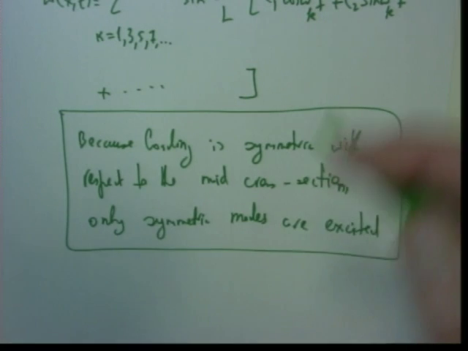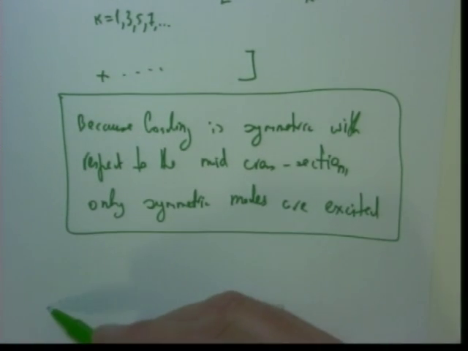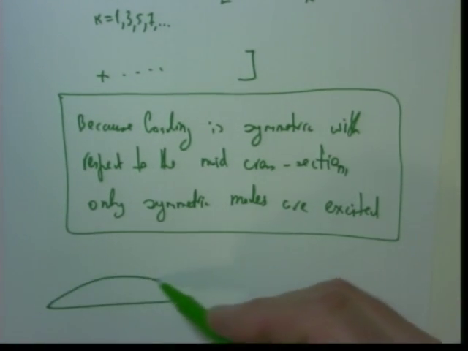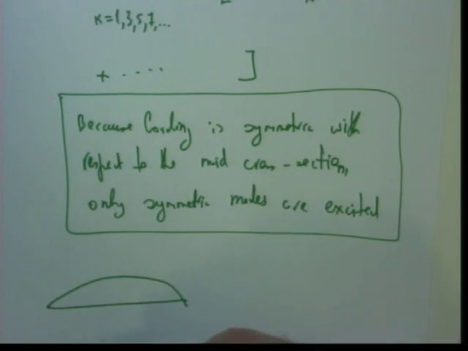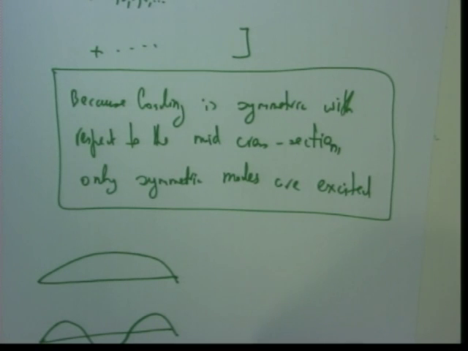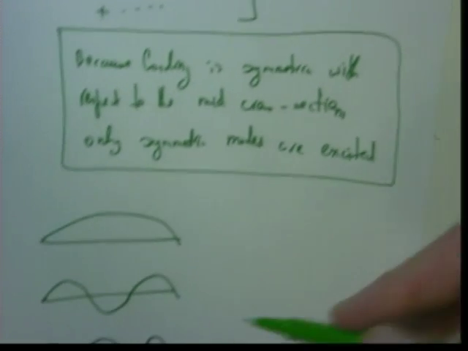Symmetric modes means 1, 3, 5, etc. Remember, that is the first mode, that is the third mode, etc. Then this is the fifth mode, etc.